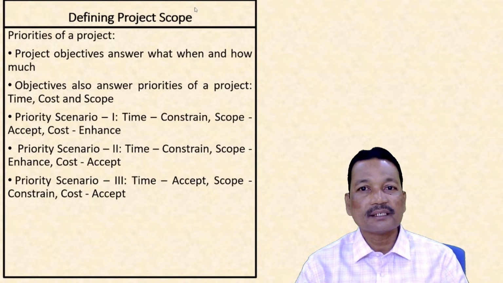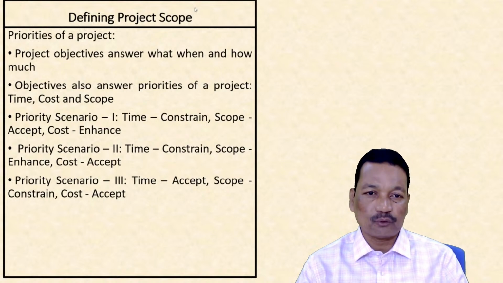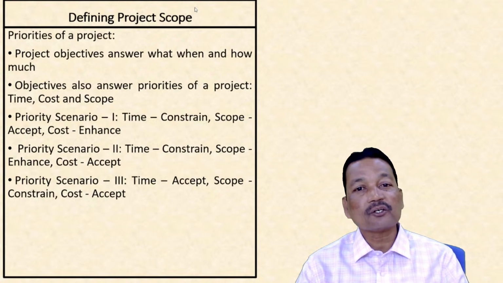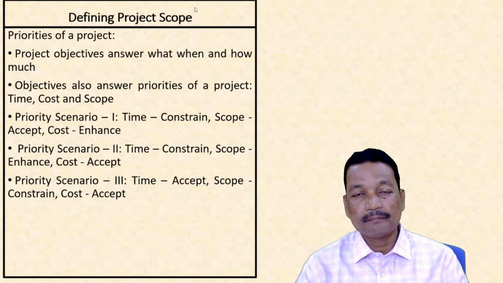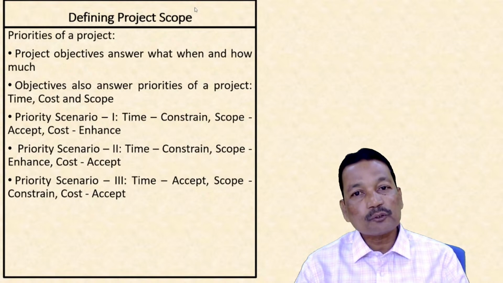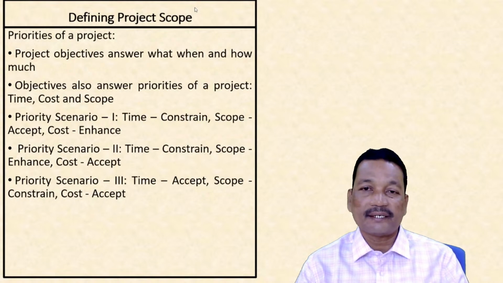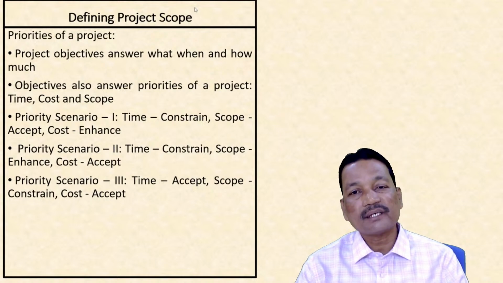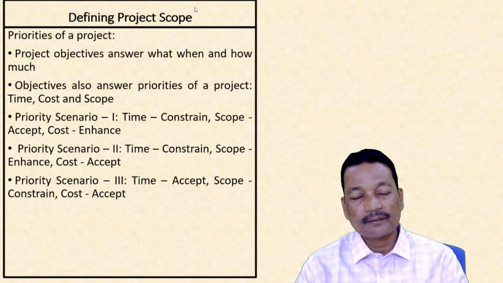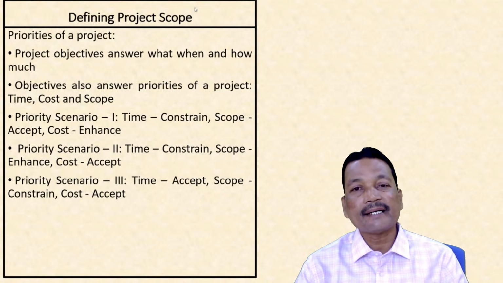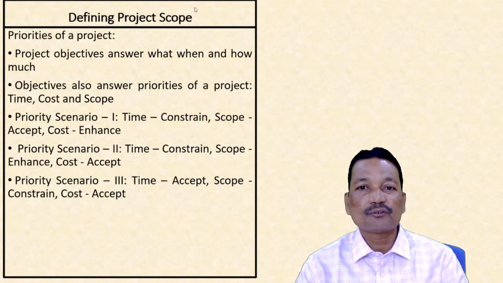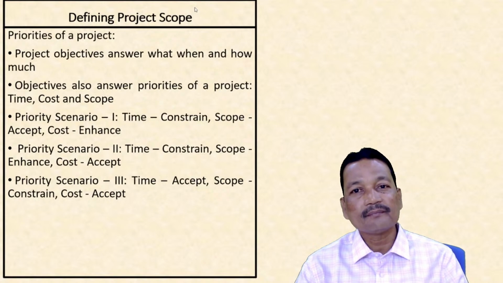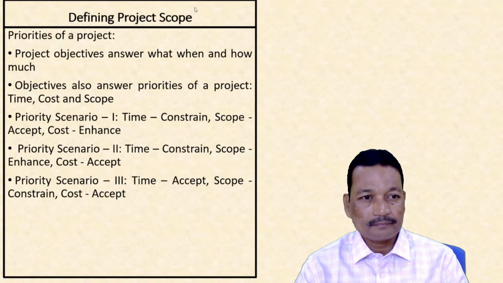In other words, it is the scope of the project. When means time: when the project is going to start, and how much time it is going to take to complete it and hand it over to the customer so that they can start the functioning.